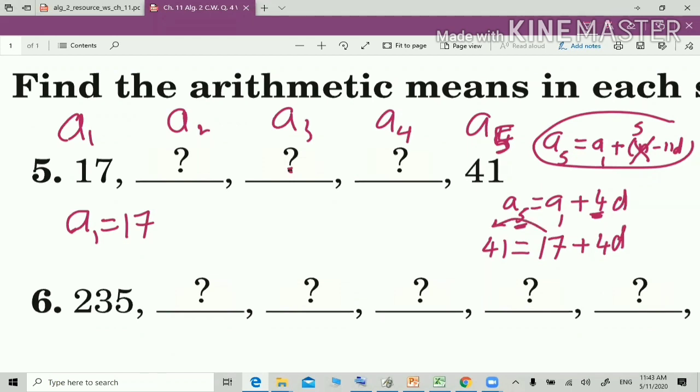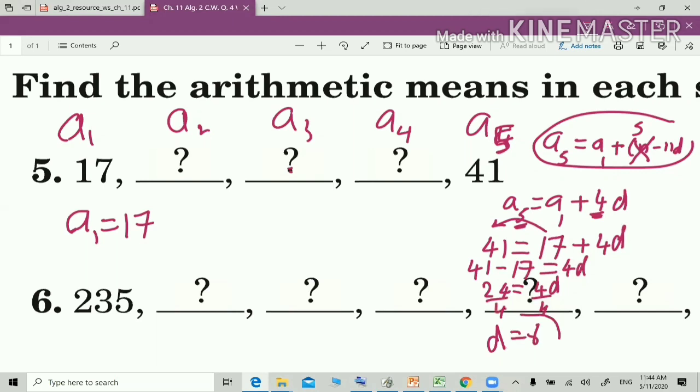It will be 41 minus 17 equals 4D. 41 minus 17 is 24, so 24 equals 4D. Divide by 4. I know you can solve that equation. So D equals 24 divided by 4, which is 6.